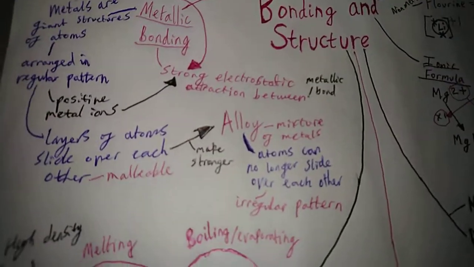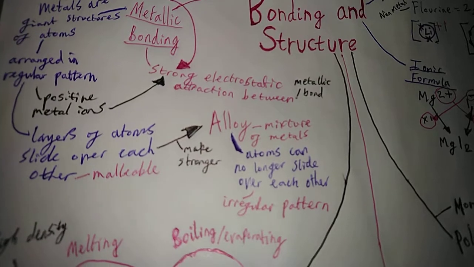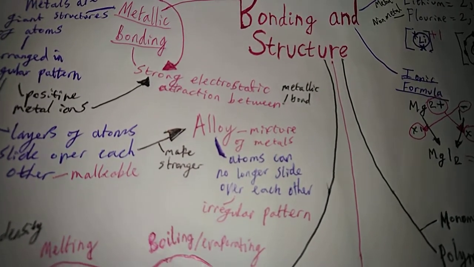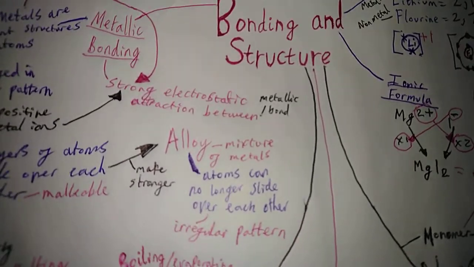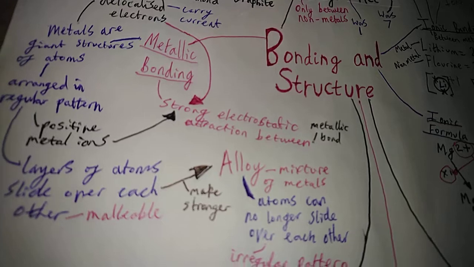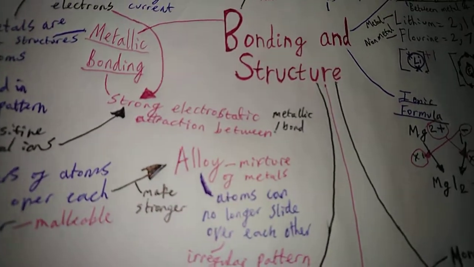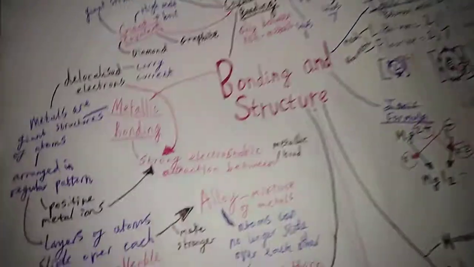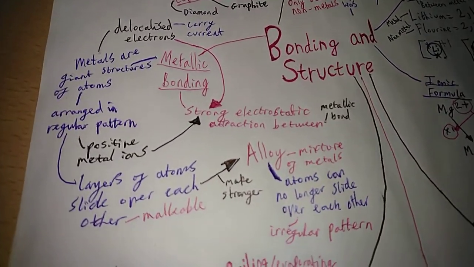The thing that makes metals malleable is the fact that layers of atoms slide over each other. However, an alloy, which is a mixture of metals, means that atoms can no longer slide over each other as they have an irregular pattern. It makes it stronger. So basically, when metals are bonded together, they form strong electrostatic attraction between each other.